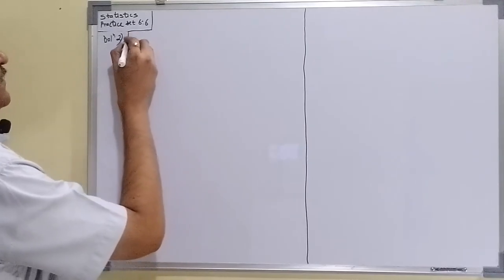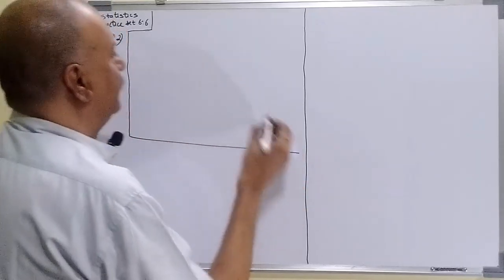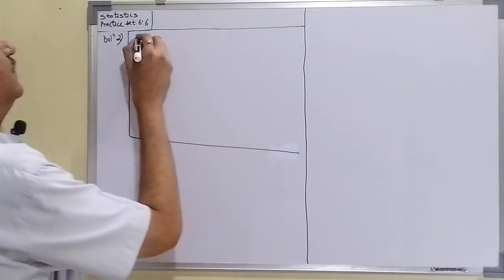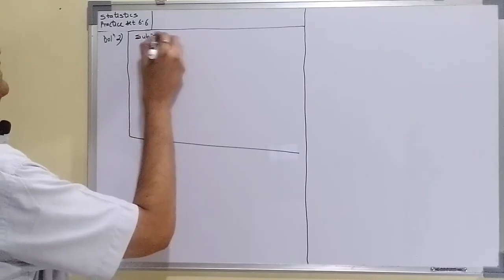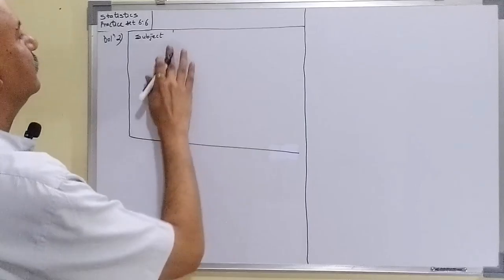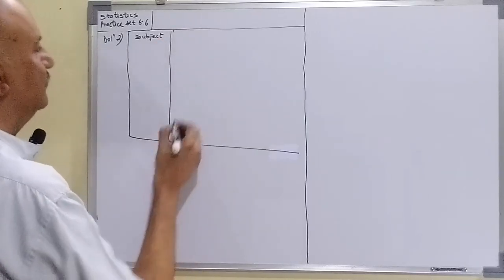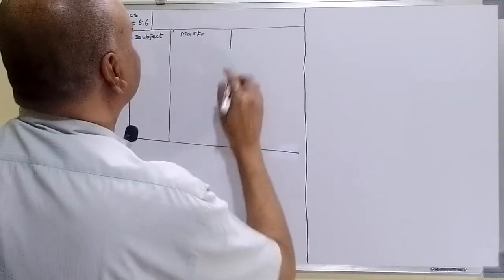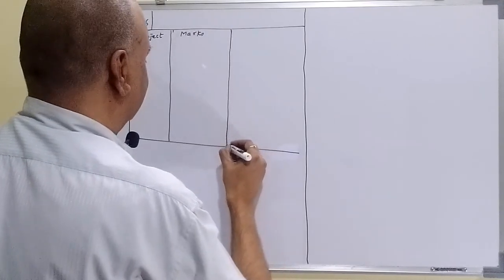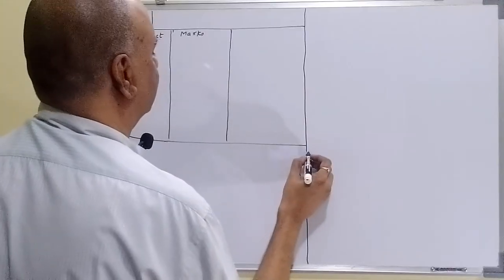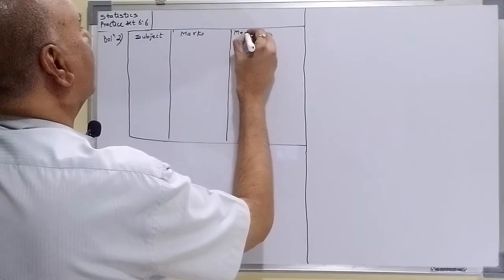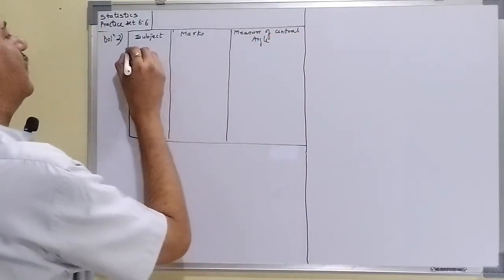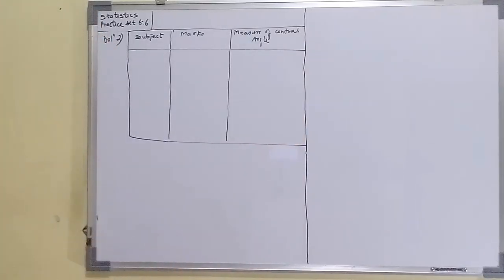Now here we have subject and marks, and measure of central angle.